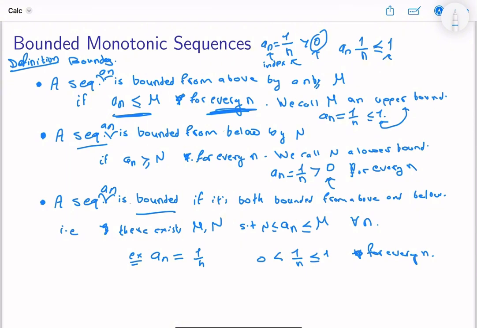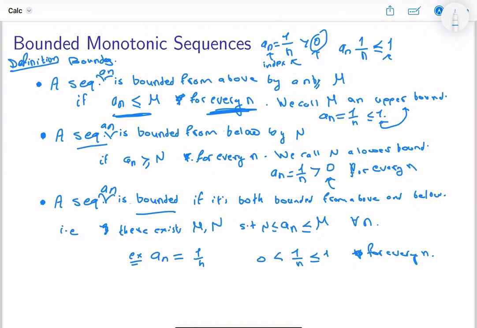You just need to prove whether the limit exists or not, and the bounded monotone sequence theorem is going to be an important tool that will help you with that. So that's one reason why bounded sequences are important.